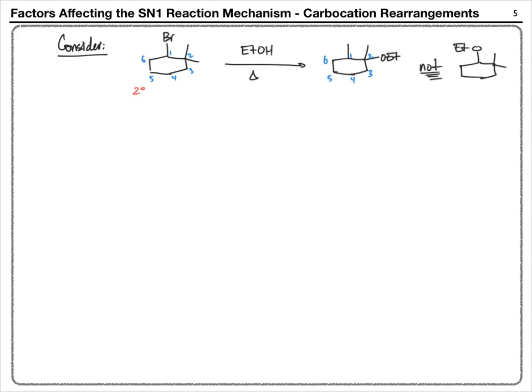So what is the first thing we should do in showing the mechanistic step for this reaction? What's the first arrow we should push? So yeah, we're going to ionize the bromine. That's our slow step. You might see this nomenclature RDS, which is rate determining step.